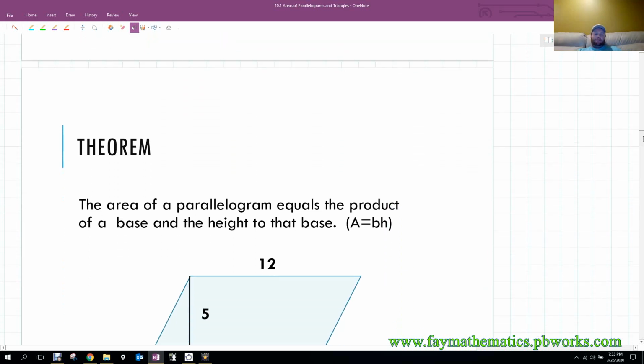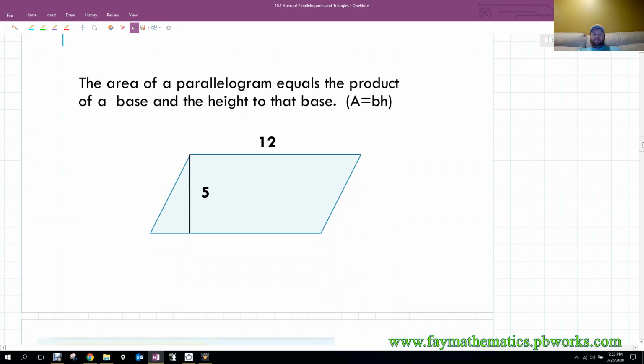All right, so here's a parallelogram. And ultimately what I want you guys to recognize here is this is the same formula as a rectangle. Think about a rectangle. A rectangle is a parallelogram. It's a special kind, but this is still going to have the same formula.